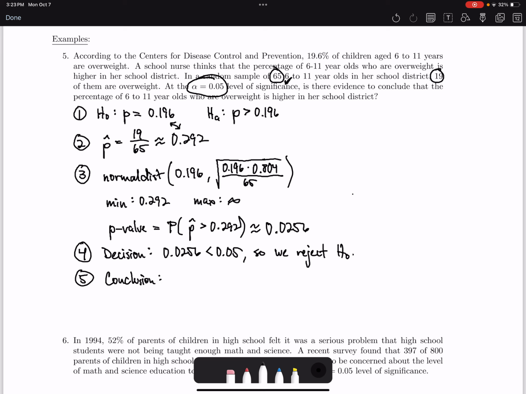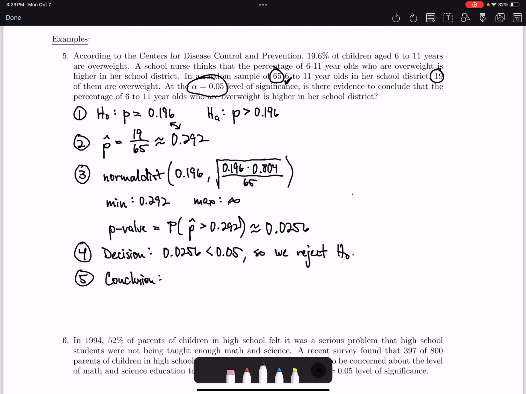And finally, we can write a conclusion. The question was whether the percentage of overweight 6 to 11-year-olds was higher in this nurse's school district. And basically what we're saying is, yeah, the evidence seems to indicate that, right?